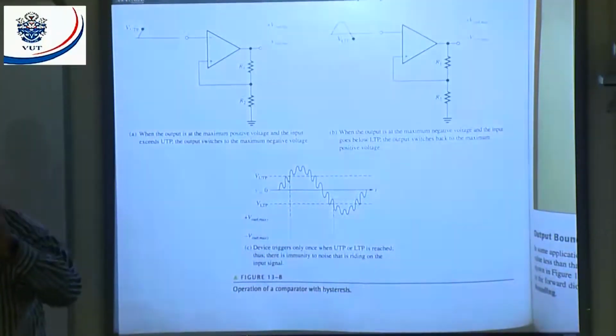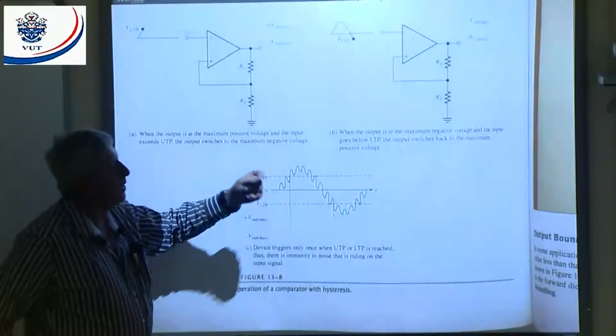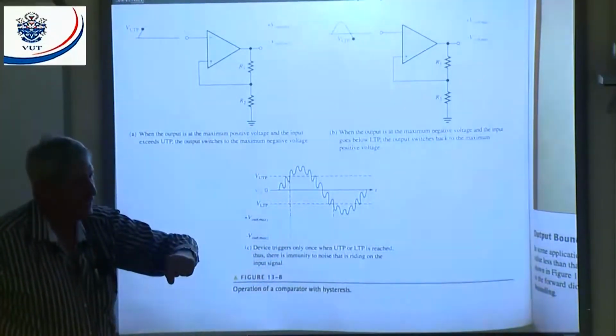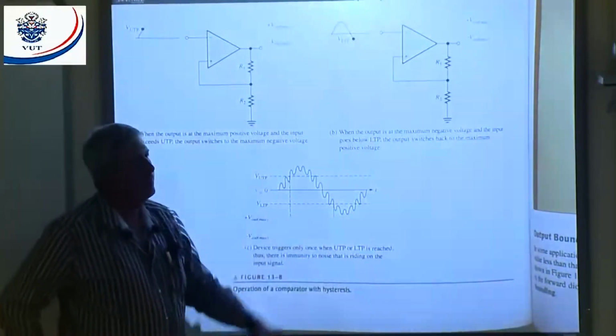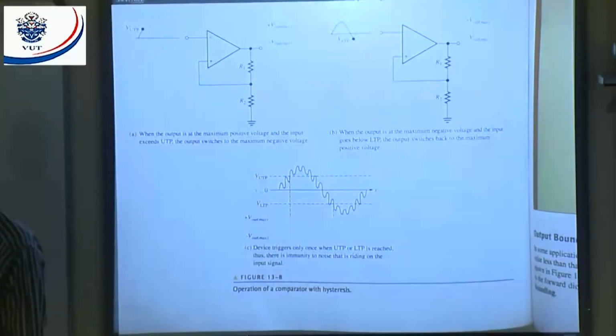More negative, right? Because this voltage now is a negative voltage, when it becomes more negative, what happens then? Then it will shoot up positive again, all right? And that is hysteresis. Hysteresis is the difference between those two voltages. The upper trigger point and the lower trigger point will give me my hysteresis.